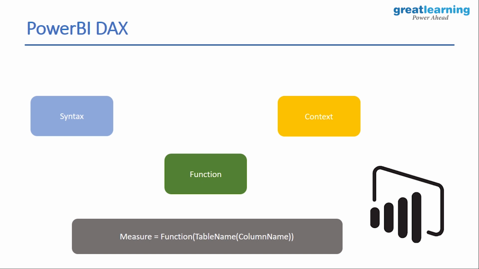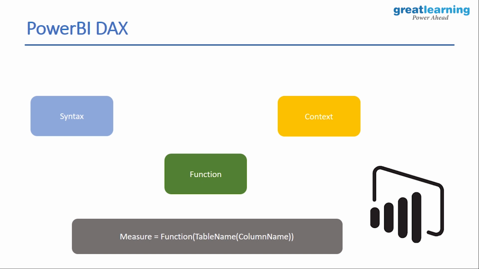Just like in programming, we have syntax that is used to convey a particular action, right? Similarly, when you talk about Power BI, we are talking about mathematical calculations and aggregations here. And for that, you'd be needing some grammar, some syntax. And this is what the component syntax of Power BI gives you. Next, you have context. Now, context is the ability to create functions, right?